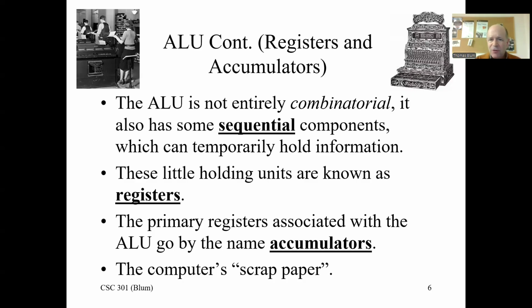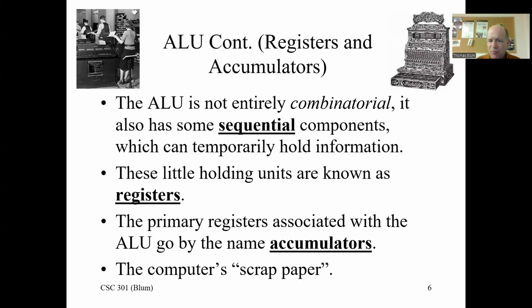So overall, the logic is sequential: it depends not just on the input, but also on the state. The state is held by something that can hold on to the values that we've developed so far. These are often going by the term register. There are all sorts of special purpose registers.